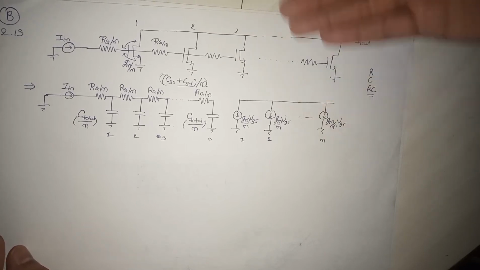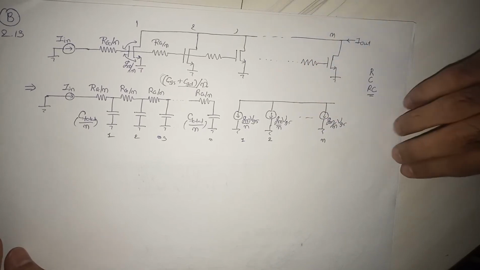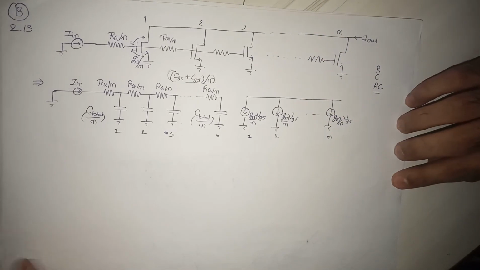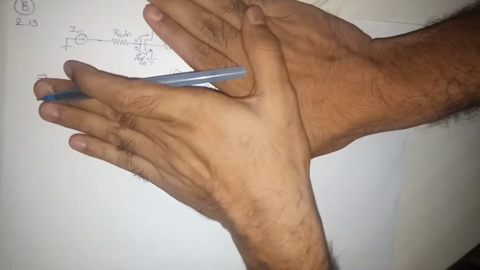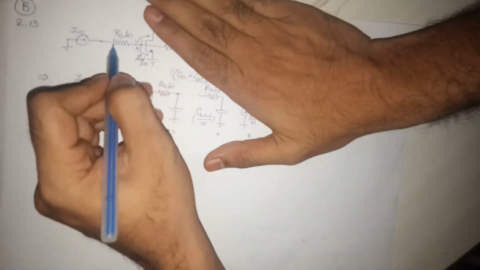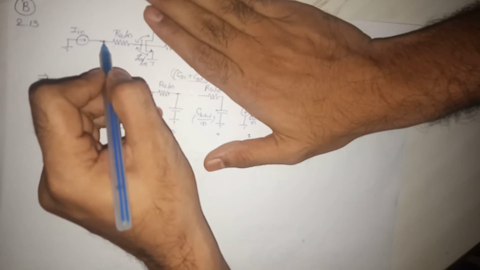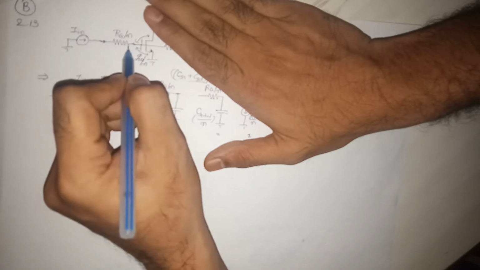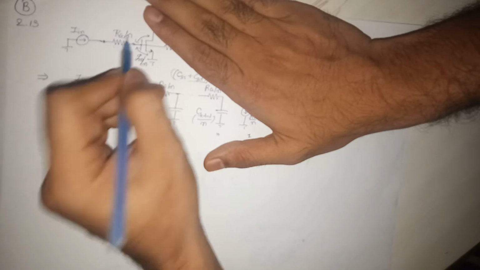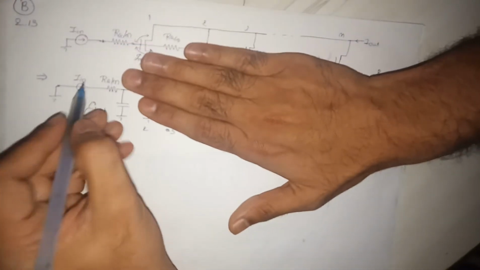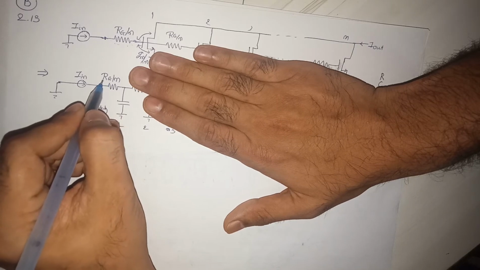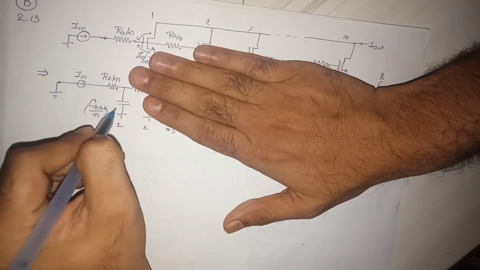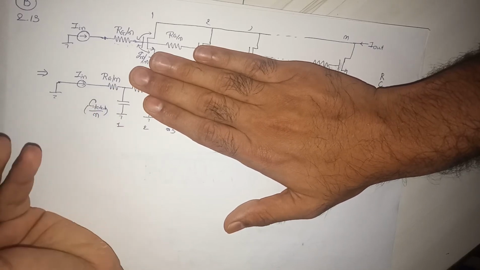So what is the meaning of doing this exercise? Now we know that if you see this, the gate terminal is connected to the second terminal of the resistance Rg by n. So only this much current is coming through Rg by n, and one capacitance, that is C total by n.